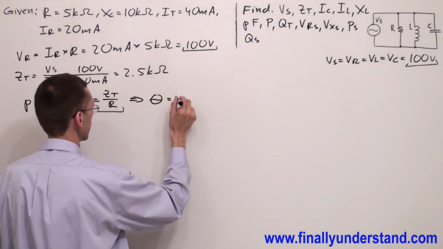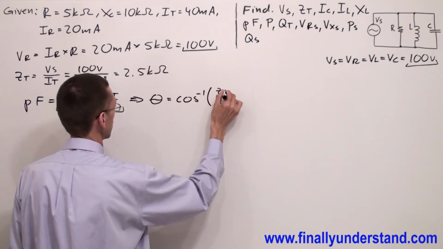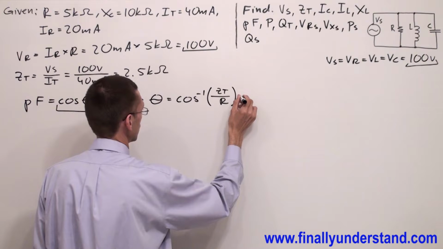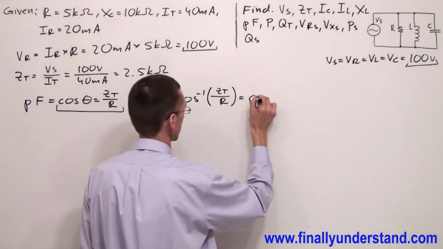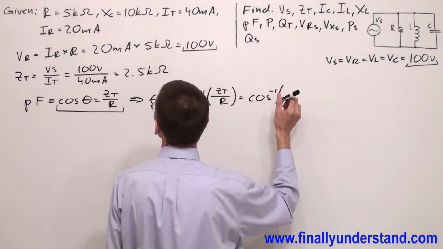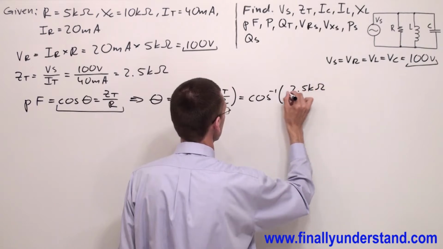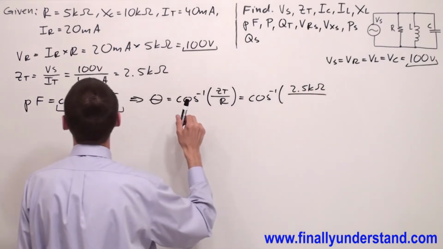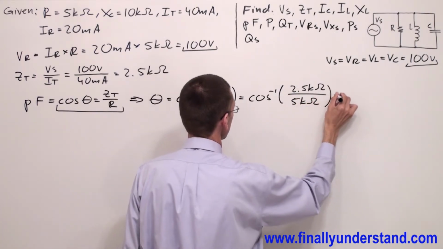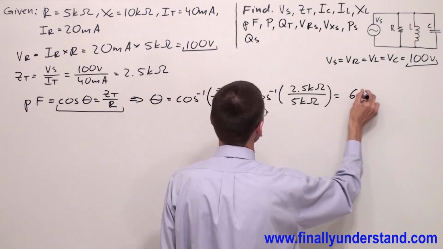Theta is equal to the inverse cosine of Z total over R. This is equal to the inverse cosine of Z total we found, 2.5 kiloohms, over R, which is equal to 5 kiloohms. This is equal to 60 degrees.